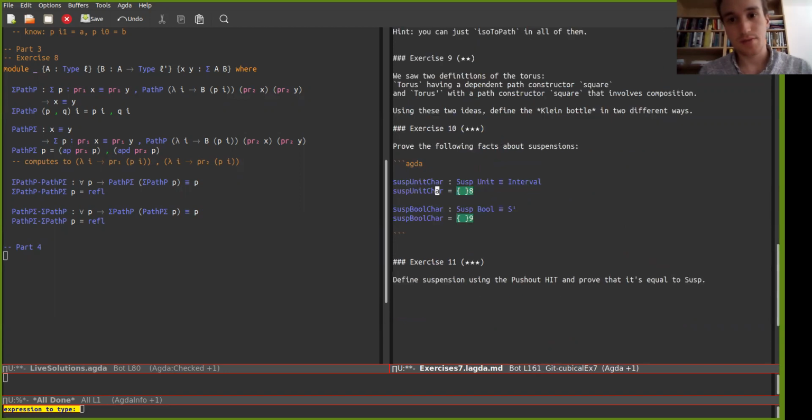So we probably won't have time to solve everything here. So maybe you can vote which one of those you want to see, 9, 10, or 11 first. But for this we'll have time for sure.